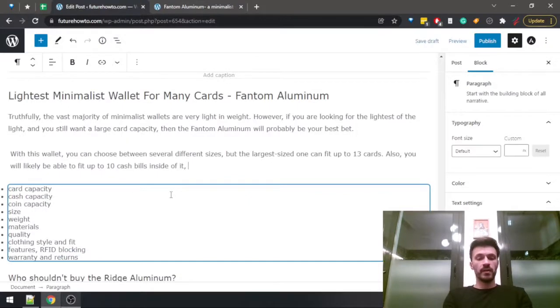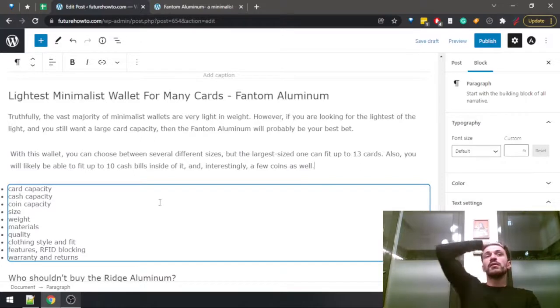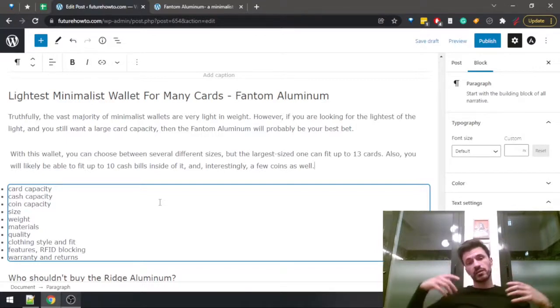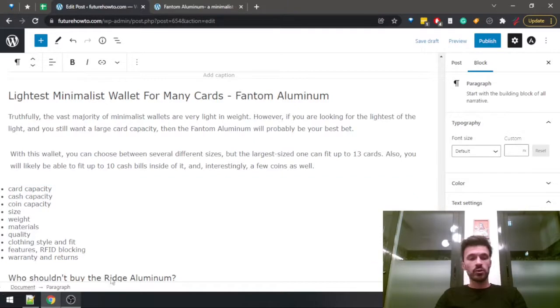Okay, and interestingly, a few coins as well. This is quite interesting actually, because this is the lightest wallet on this list in weight, and still it has the feature to fit coins, which is great.